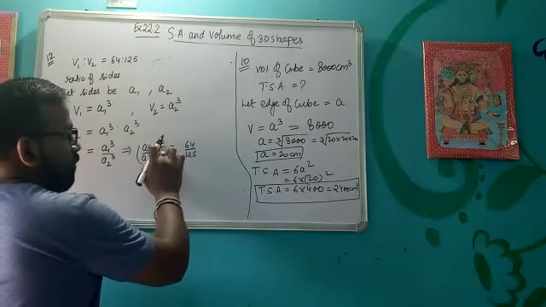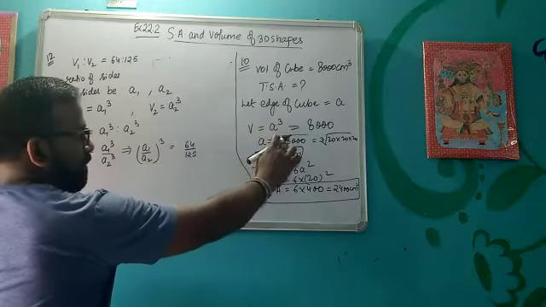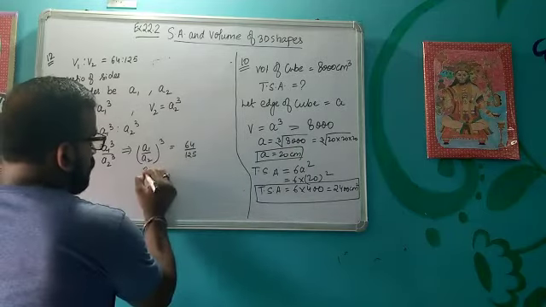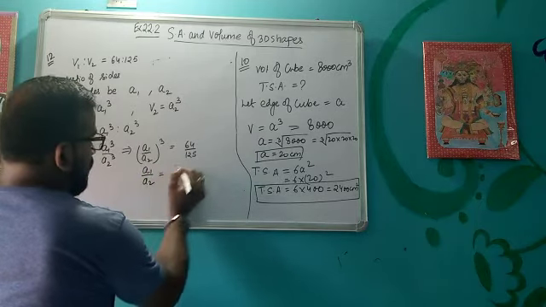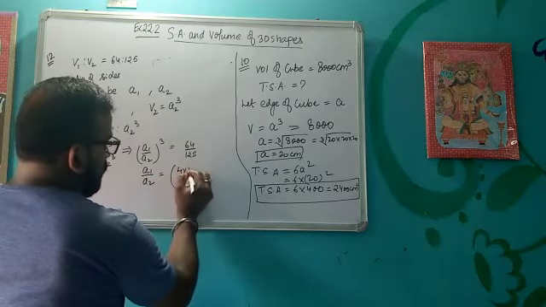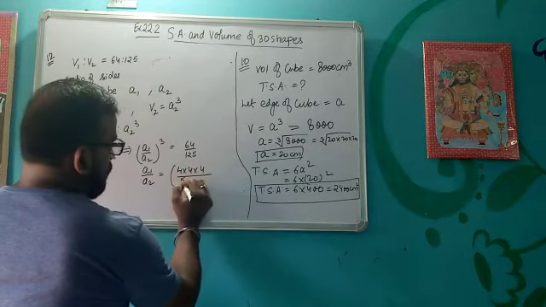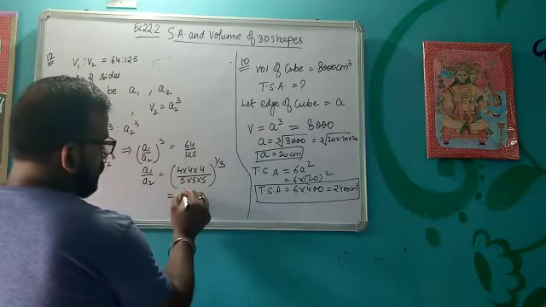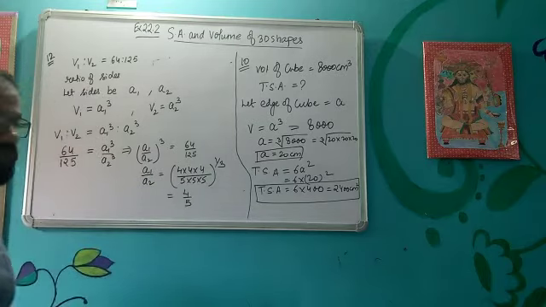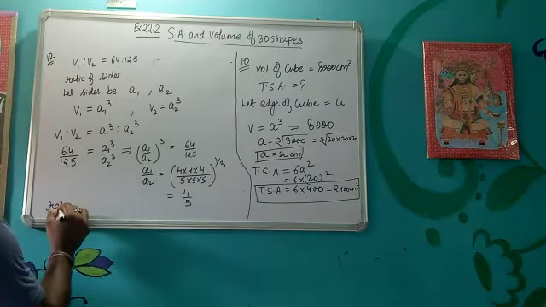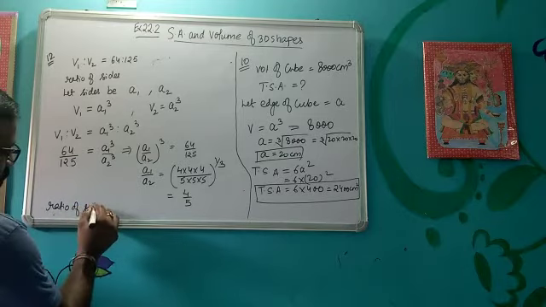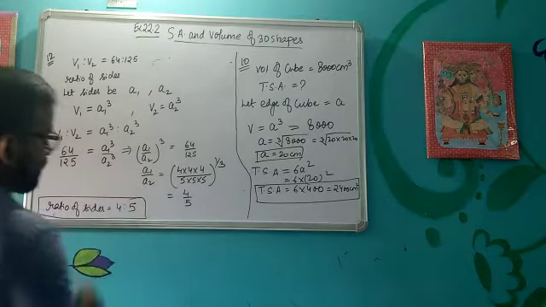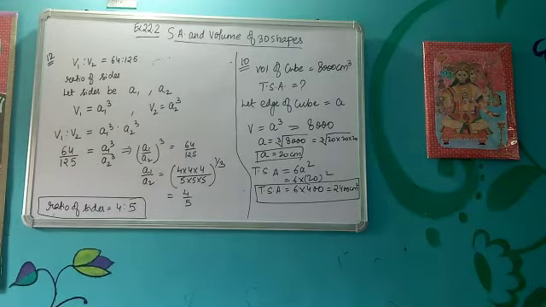Then for removing this cube sign, we take the cube root, similarly here also we will take the cube root. So A1 upon A2 will be, this 64 we will write 4 into 4 into 4, and 125 we will write 5 into 5 into 5, to the power 1/3. So it will give you 4/5. So what is the ratio of sides? Ratio of sides will be 4:5. Okay.